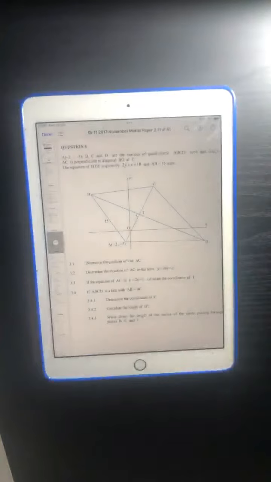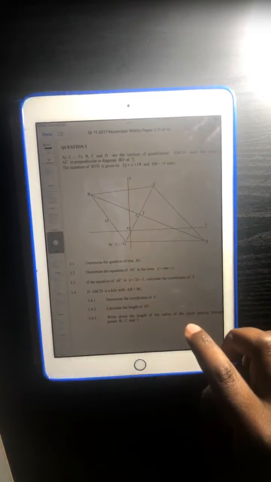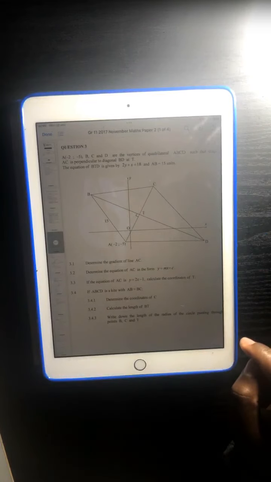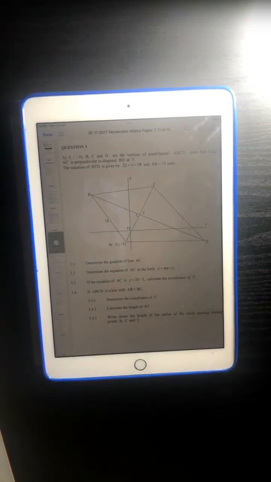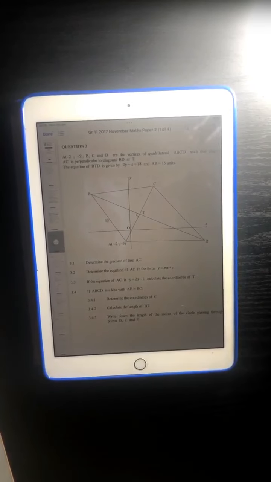Let me try this, and then no. Okay, how is it now? So we can only see the diagram, but we can't read the questions.